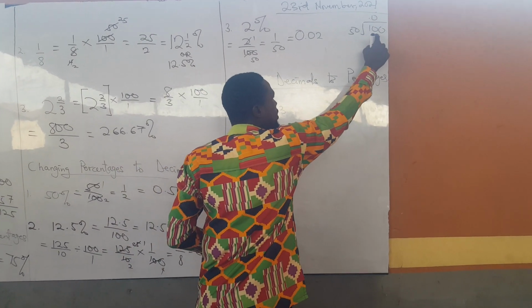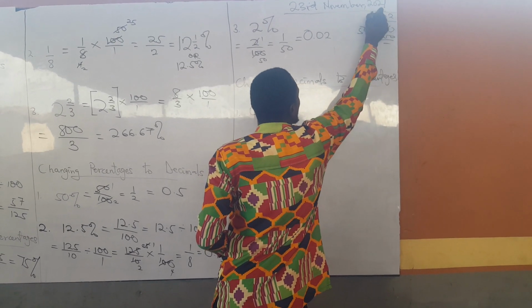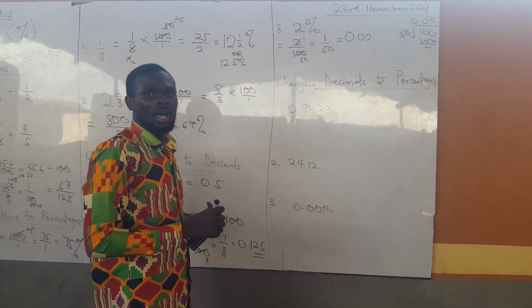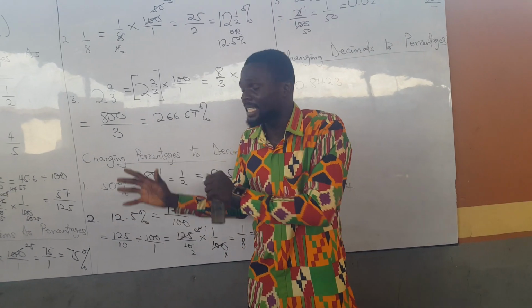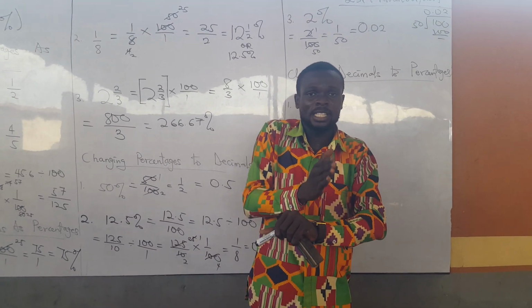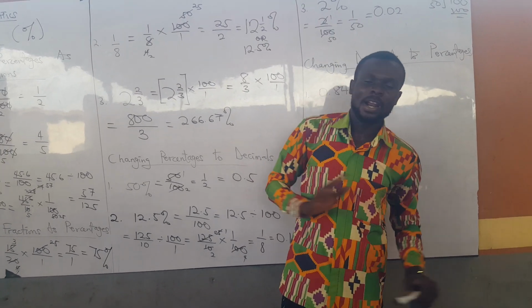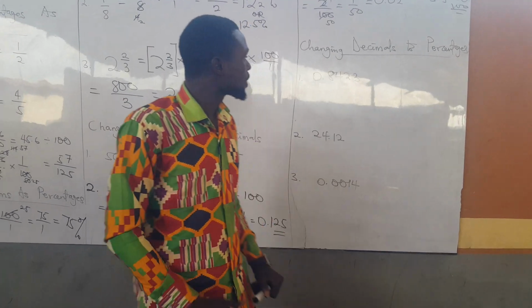Now 50 can go into 100 2 times. If you multiply, you are going to get 100, which is 0.02 as your answer. So for you to change a percentage into decimal, just change it into fraction. Then the fraction that you are now having, change the fraction into decimal by using long division.